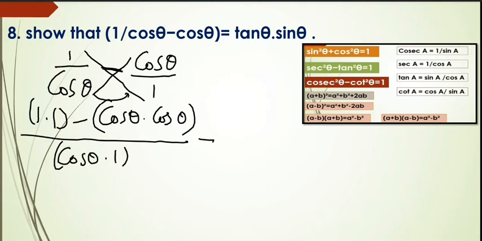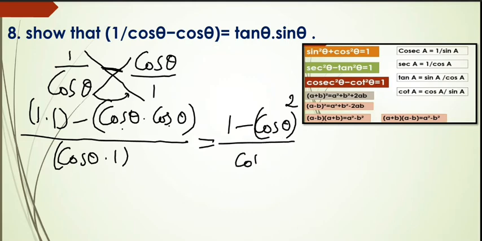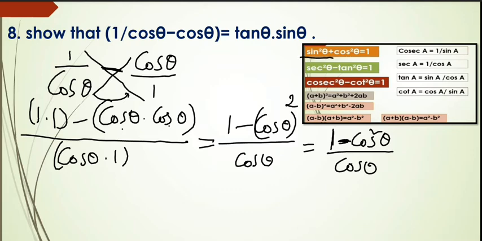Okay, so 1 into 1 becomes 1, minus cos theta into cos theta is cos theta whole square, by cos theta. Now observe that 1 minus cos theta whole square, that means cos square theta, we can write by cos theta. So clearly see that it is 1 minus cos square theta. So observe this identity: 1 minus cos square theta means move this cos square theta to this side.